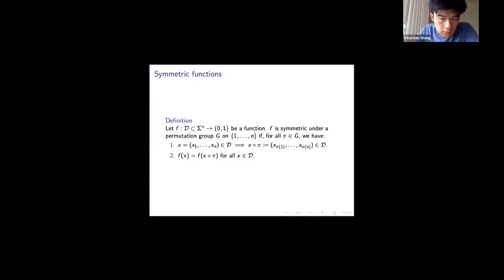So for example, if G is the full symmetric group S_n and the inputs are just bit strings, consider the function f that computes whether the input has a certain Hamming weight. That function is symmetric with respect to S_n, basically because the Hamming weight of an input bit string does not change however much you permute it.